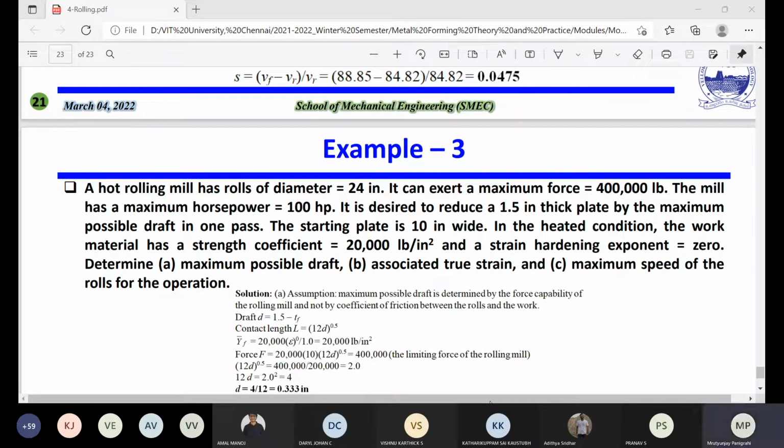If you have the D value and T0 is given, can you find out Tf now? How much is Tf?